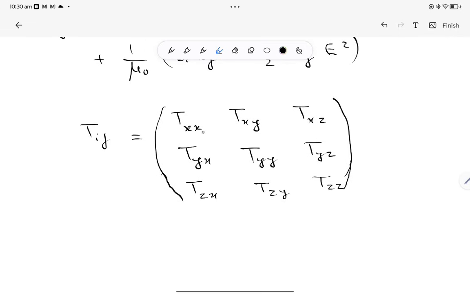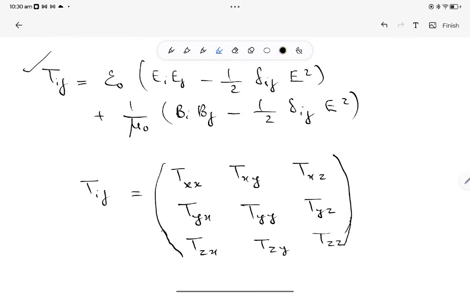Now as far as Txx is concerned, if we define it by this equation, then for getting the value of Txx, you have to put both indices as x. Then you will get epsilon naught Ex square minus 1 by 2.